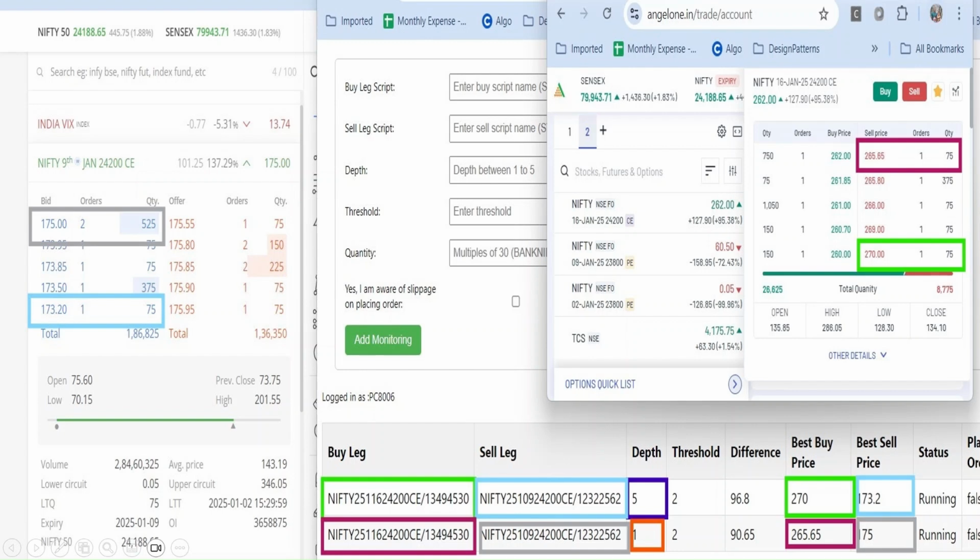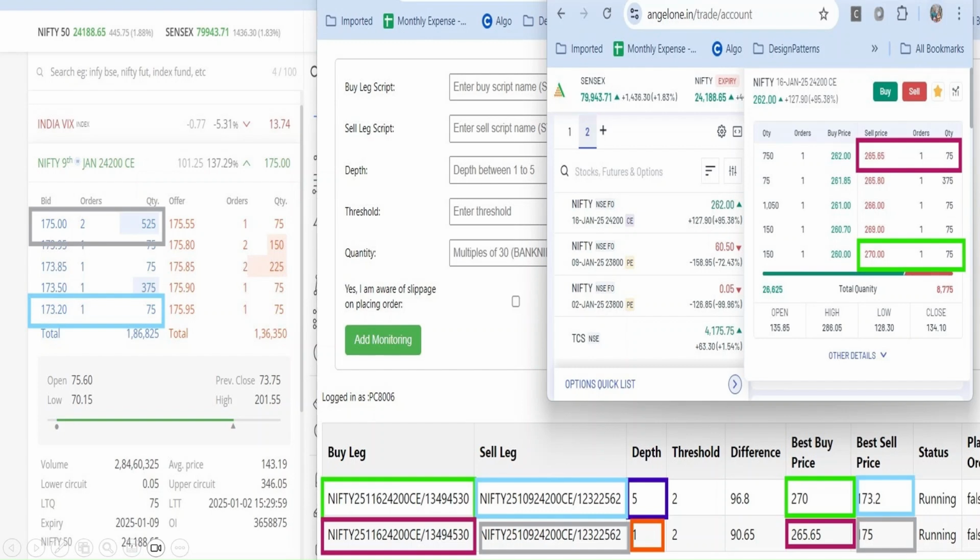For the buy leg at depth 5, the fifth depth is going to be picked up, and that is where the price is 270. Same thing with the sell leg. You can see that the depth 5 price is 173.2, and that is what it is showing in the plugin.